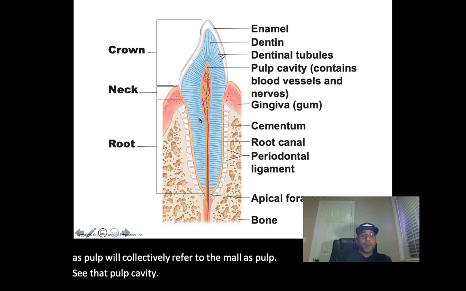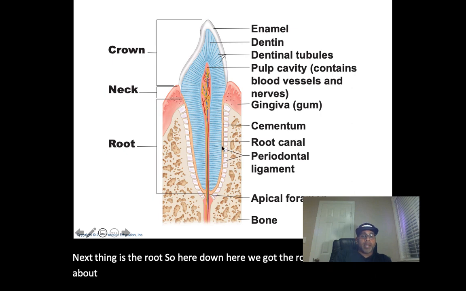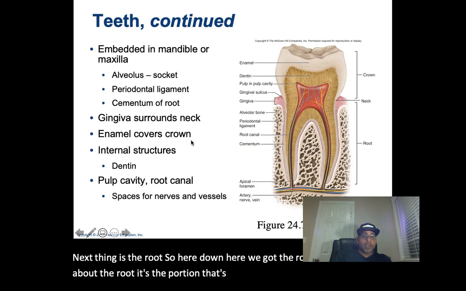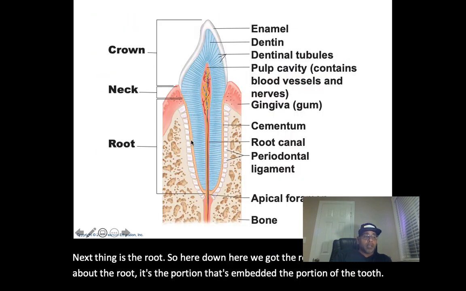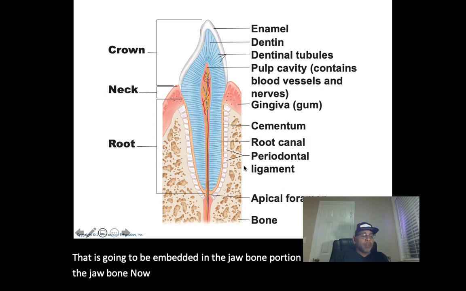Next then is the root. So down here, we've got the root now. The root is the portion of the tooth that is embedded in the jawbone. In relation to the root, we have cementum.